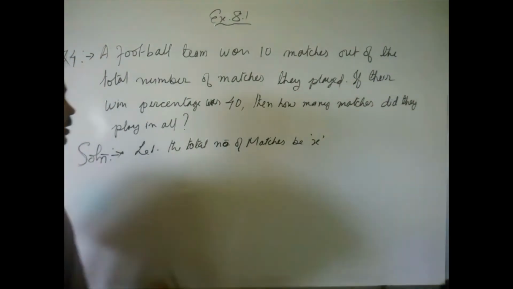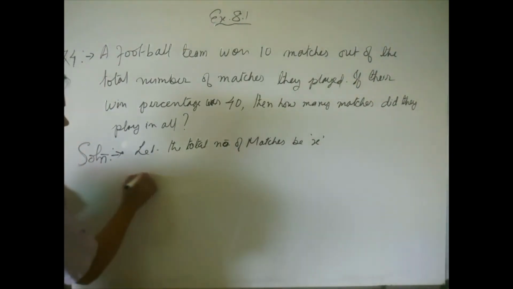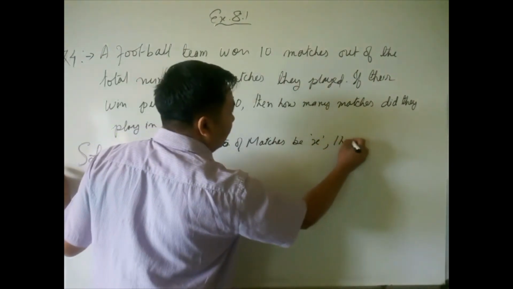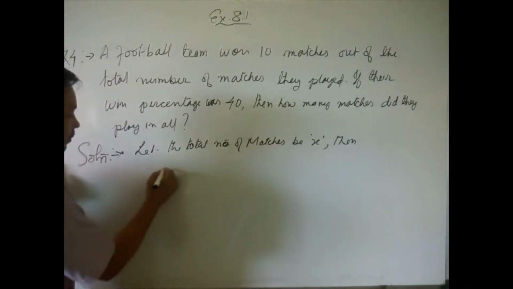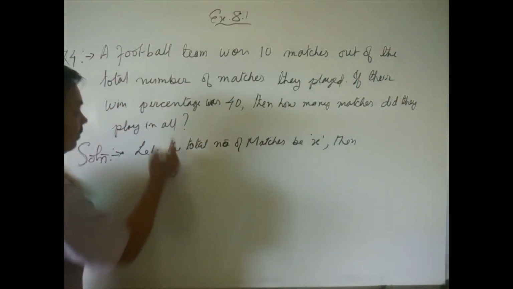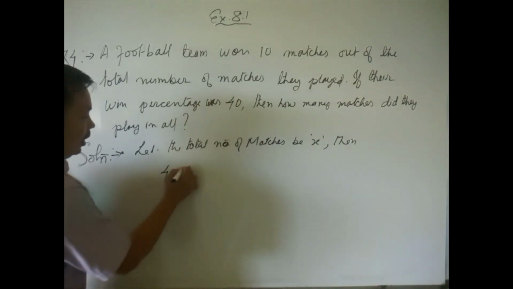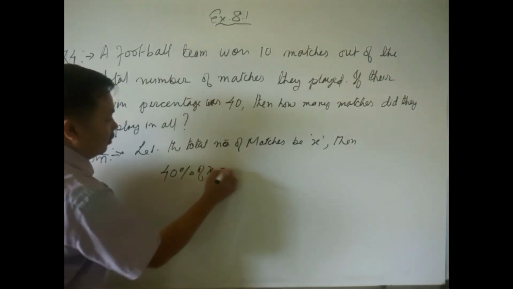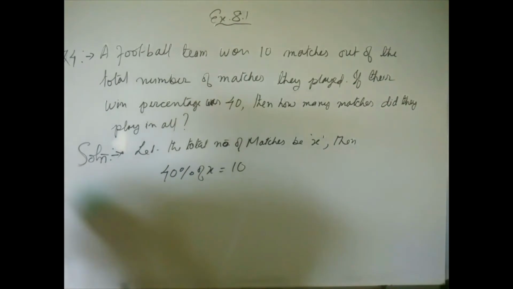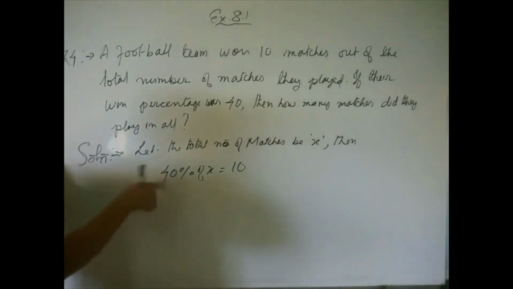Yes, unknown is what? Total number of matches. Then, as per the condition of the question, we have that 40%, percentage is 40. 40% of X is equal to 10 matches. From here we can find out the X.